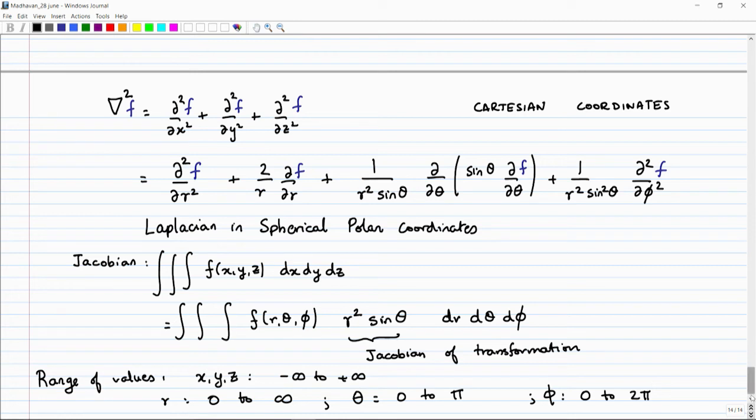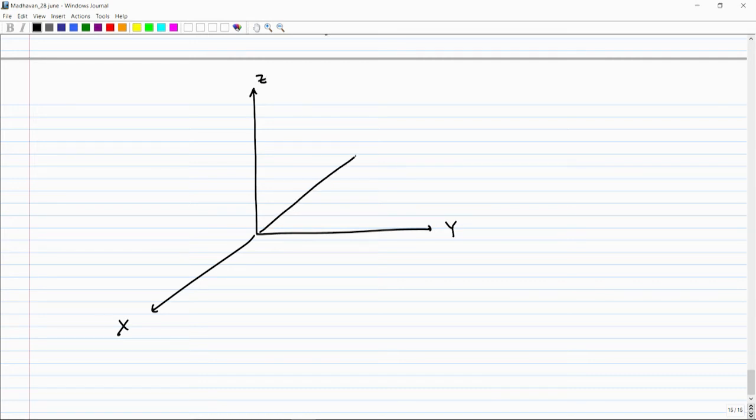Initially it might seem a little confusing why θ goes from 0 to π and φ goes from 0 to 2π. But we can see this geometrically. If you have your coordinates x, y and z, and we took some point, this point might be outside the yz plane, and we said that this angle is θ.